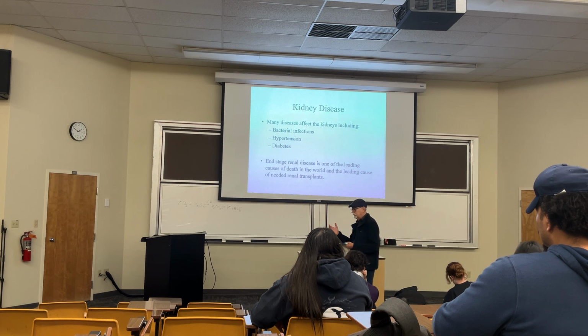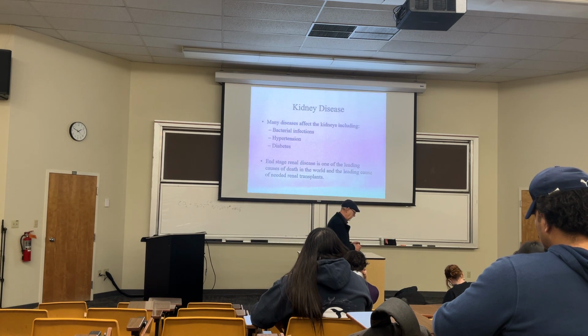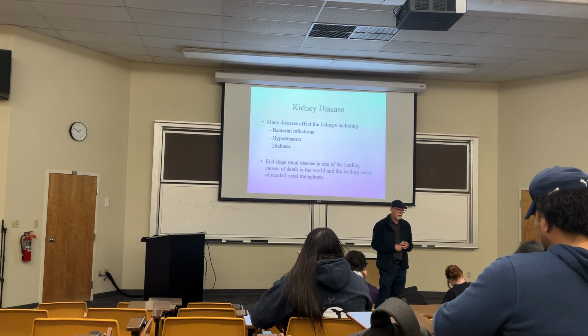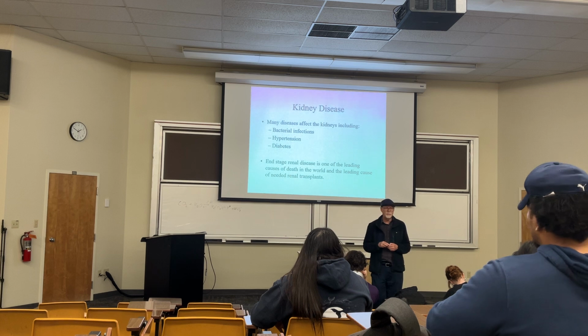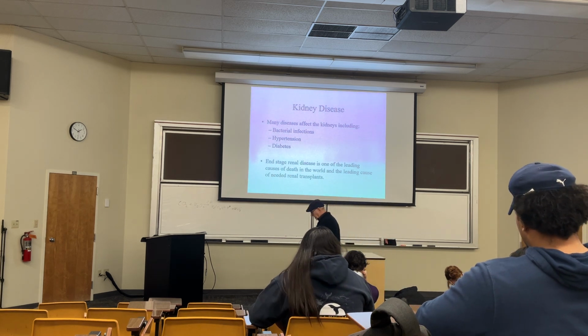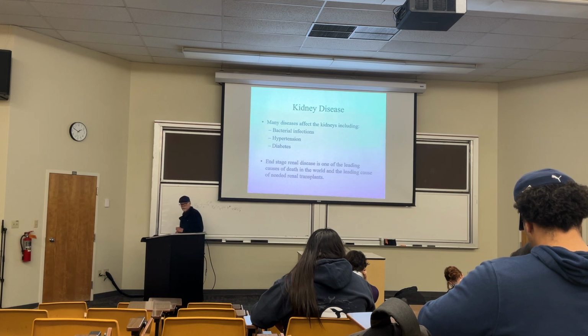If you have diabetes that is unregulated, diabetes mellitus too long, eventually the glomerular filtration barrier is going to be compromised and your kidneys are going to fail. So it's often maybe the ultimate cause of death, but it was due to something else.